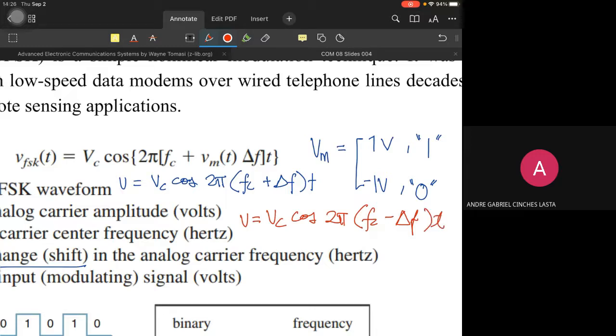So clearly, that's why the frequency is lower when logic 0 than logic 1. If logic 1, FC plus delta F t. If logic 0, FC minus delta F t.